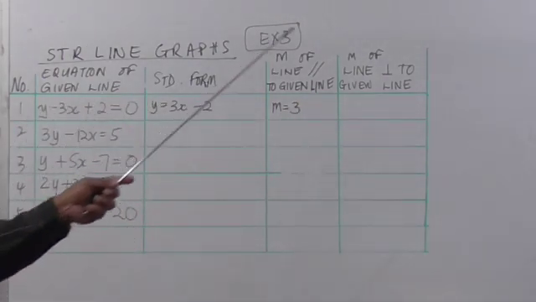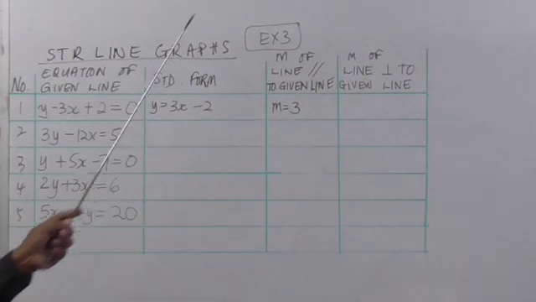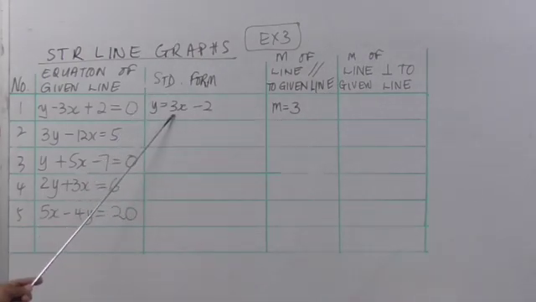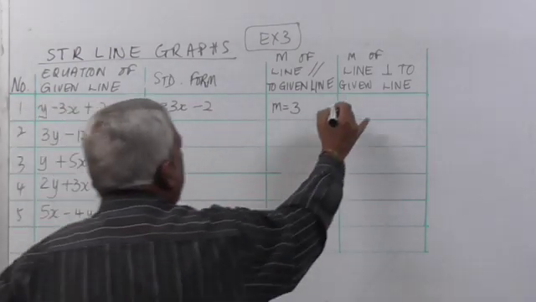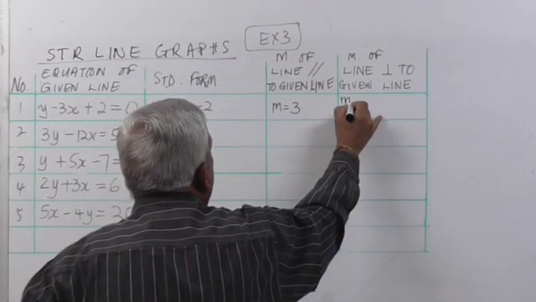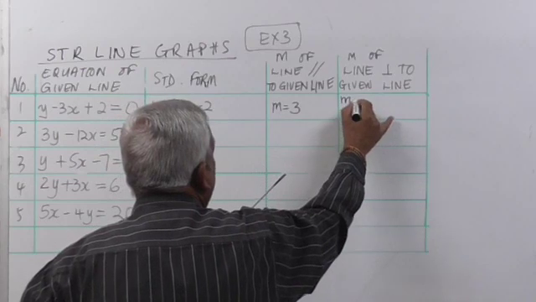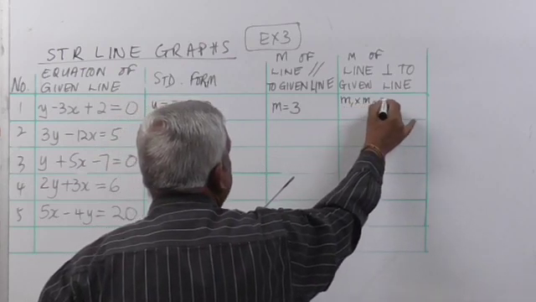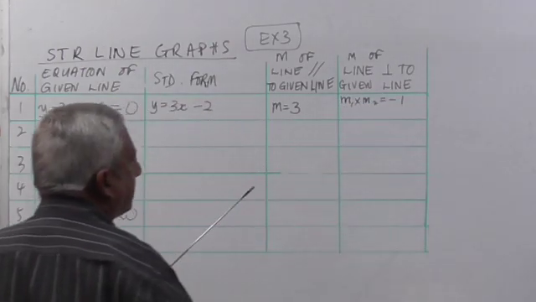Now if there is another line and it is perpendicular to this line, then the product of the gradients will be -1. So this is what I will say: the gradient of one line times the gradient of the other line must give me -1.